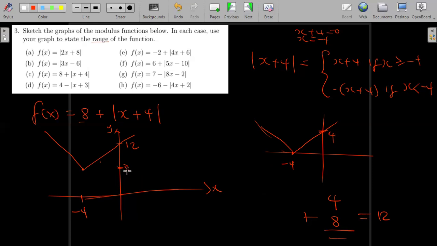Are we not supposed to start from 4 and then add 8 units? Yes, we are at -4 here, right? So remember, I mean for the y-axis. You're not understanding where what?